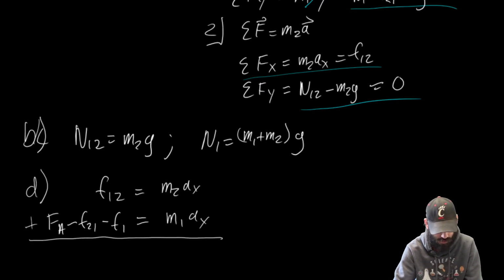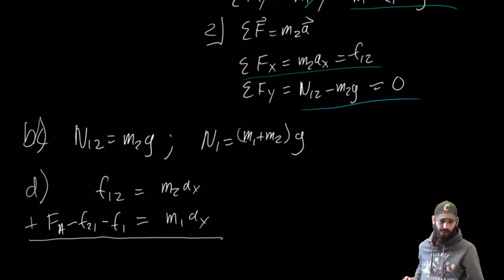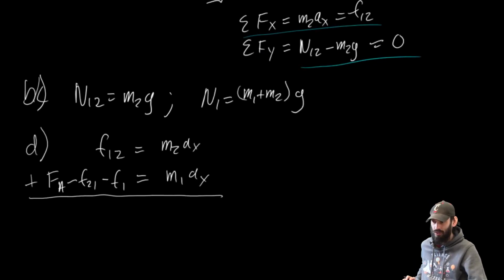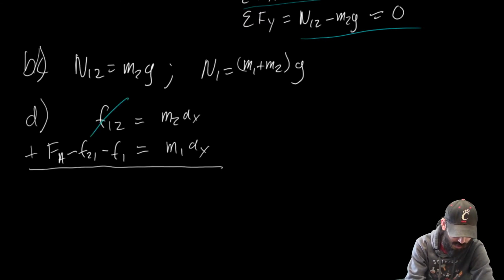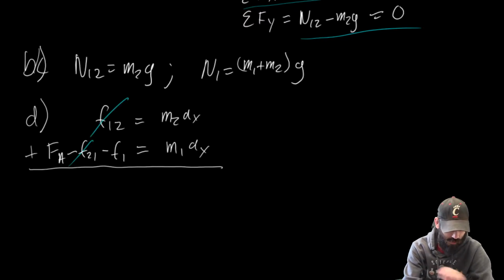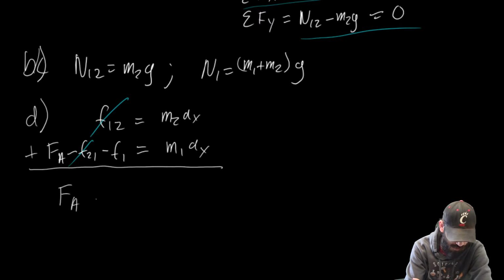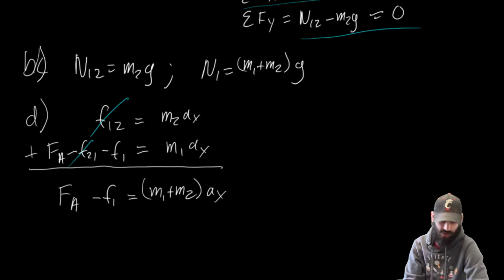It's just a trick to do the algebra quickly because of Newton's third law, because the force F12 is the same as the force F21 in terms of the magnitude, but they're opposite in direction, which is shown in this equation here. And so what that says is these guys cancel each other, and so ultimately we're going to have Fa minus F1 is going to be equal to M1 plus M2 times AX, okay?